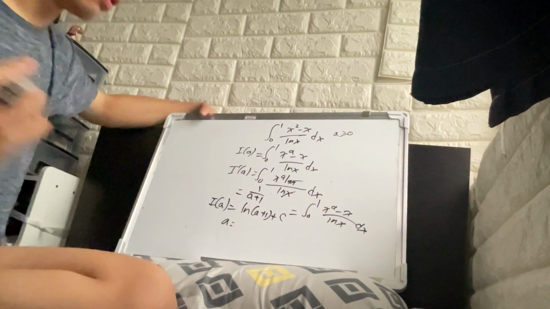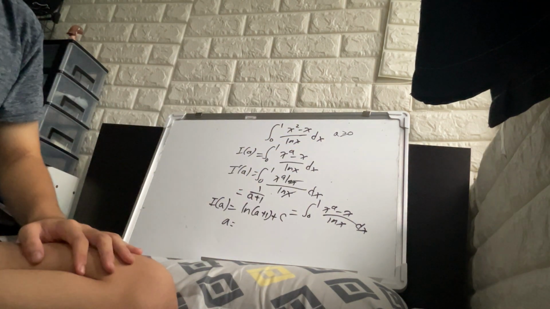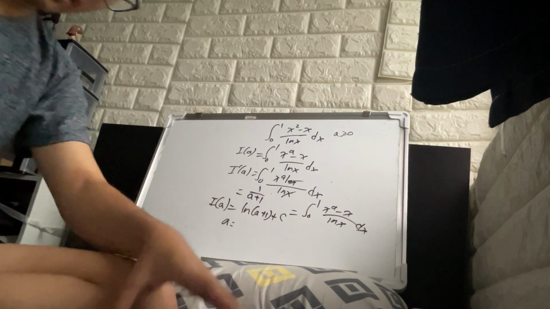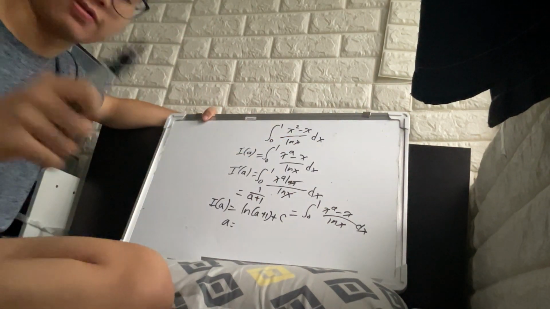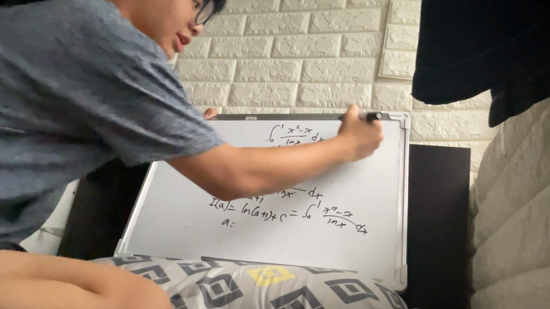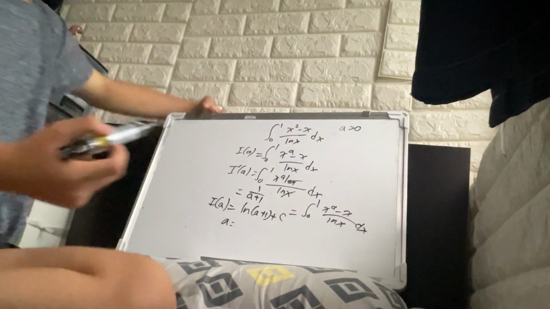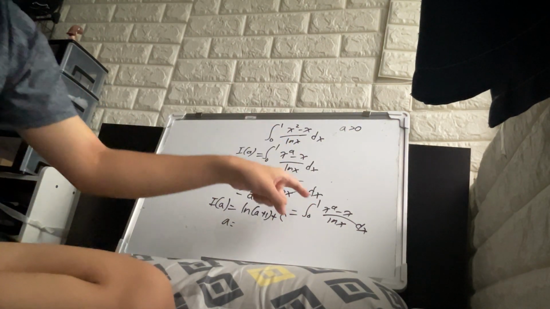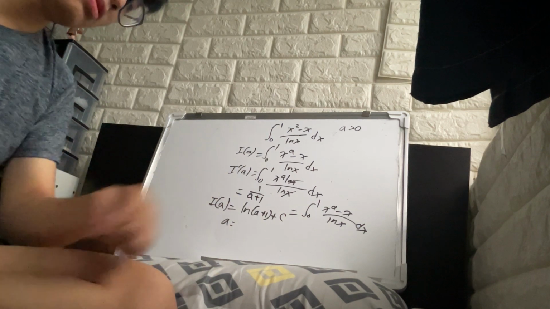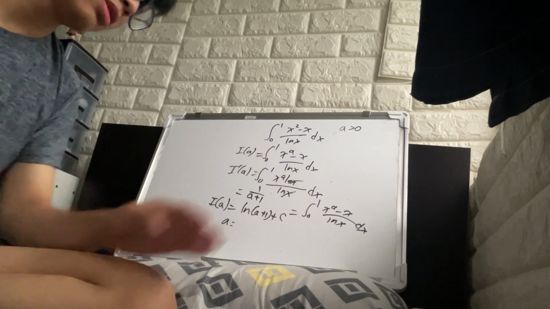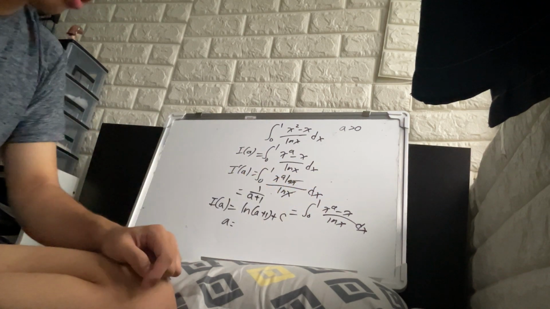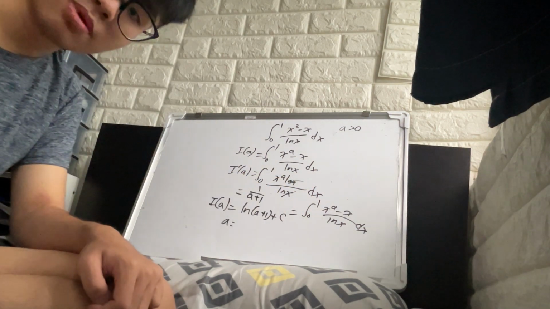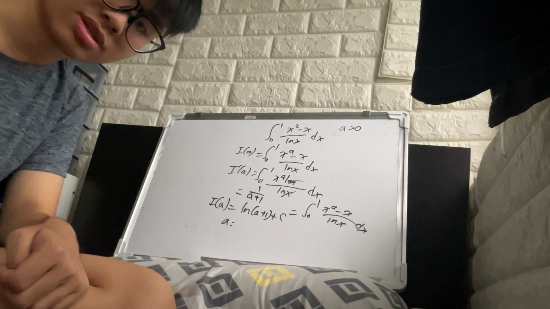If we choose 0, but no, this time is different, really different. A should be greater than 0 at this point, because if a is equal to 0, x to the power of 0 is just equal to 1, and 1 minus x over ln x will be divergent. Be sure.